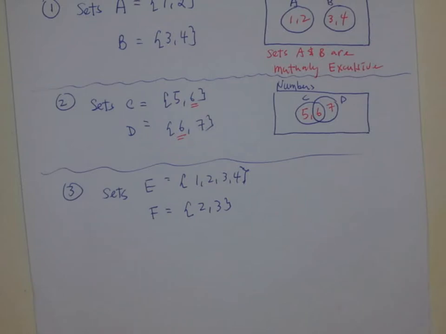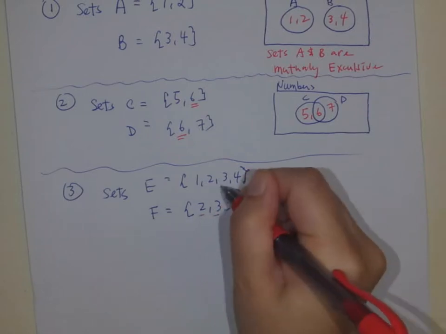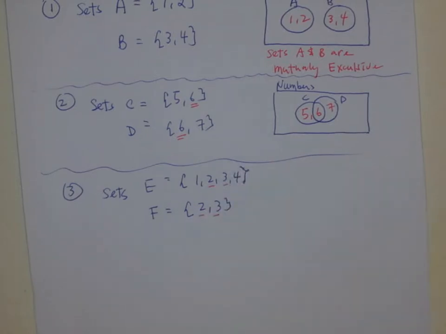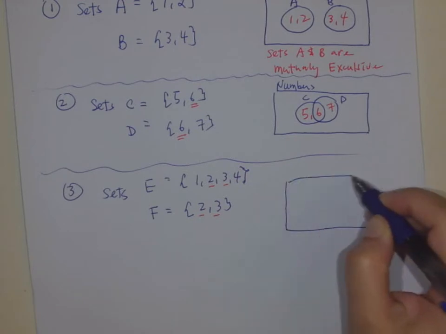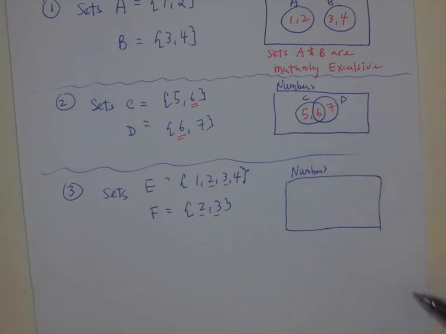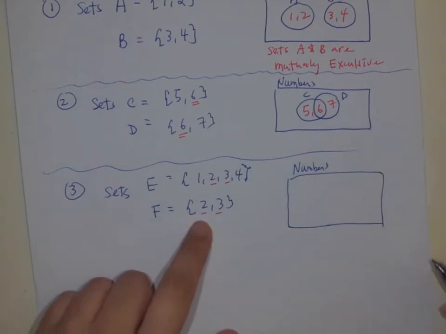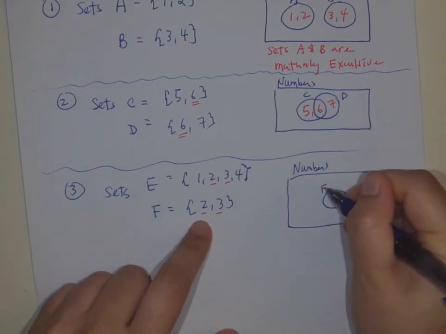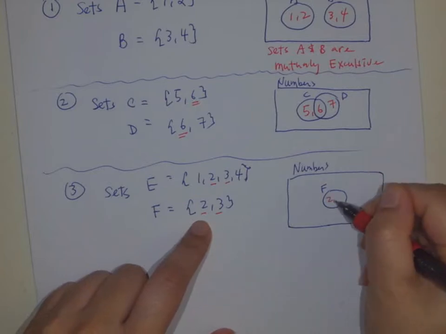As you can see here, 2 and 3 are both in set E, right? So when I draw the universal set and call this number, if I draw F first, then 2 and 3 are in it, right?